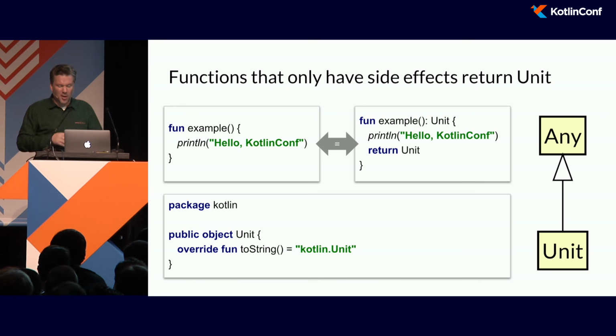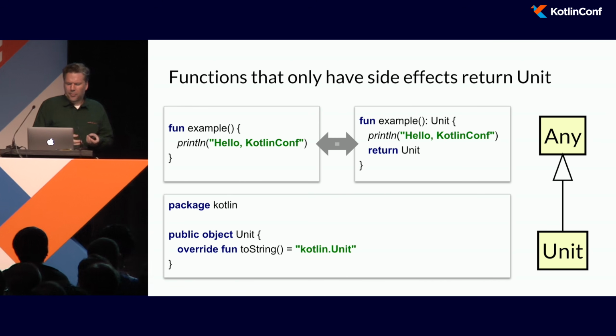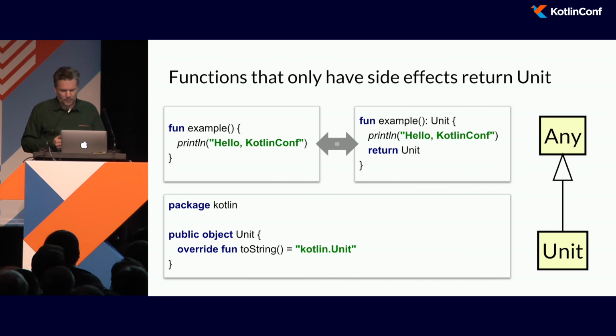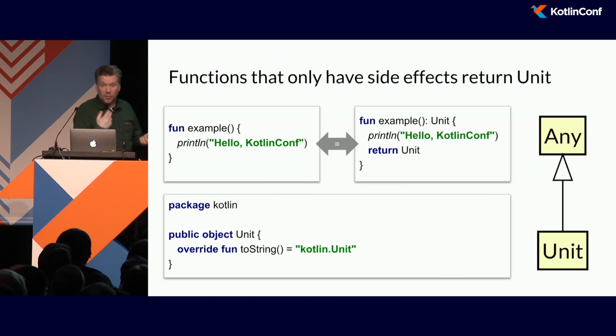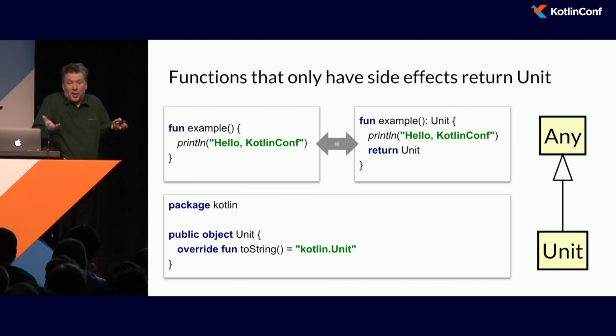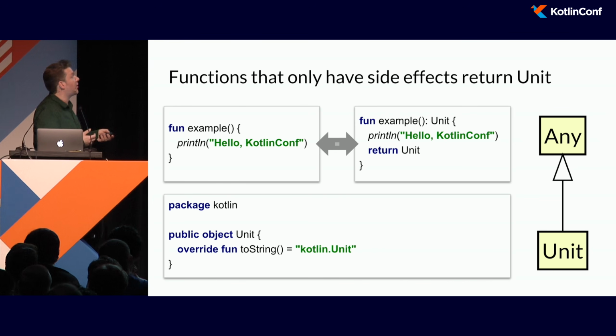Most of the time, you don't really need to use a Unit type. So that's the actual definition of Unit from the standard library. You can see it is just plain Kotlin code. There's nothing special about it.